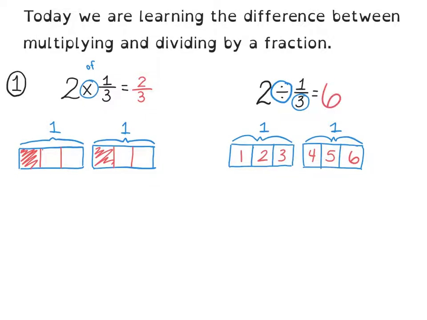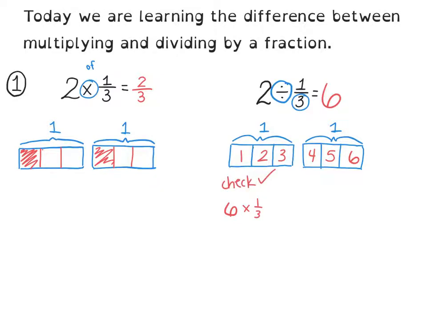Okay? And just like when we check division, we multiply. So we say, we take our quotient 6, and then we multiply it times 1/3. This is to check our answer.